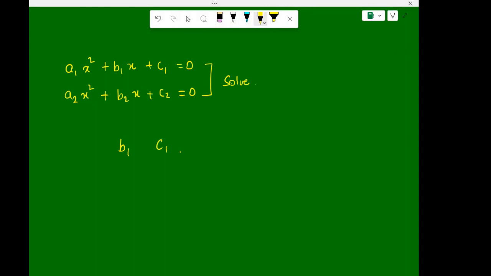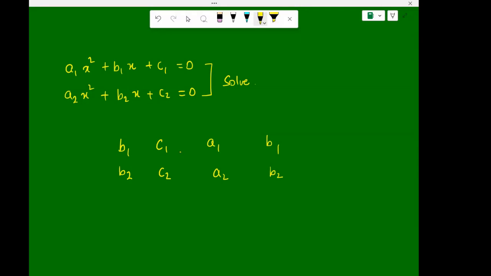Next again a1. Write the coefficients. Next again b1. Next, for the second equation, start from the middle. Write down the coefficient of x, b2. Next, write down the constant c2. Move to first. Write down the coefficient of x square, a2. And next, the coefficient of x is b2.